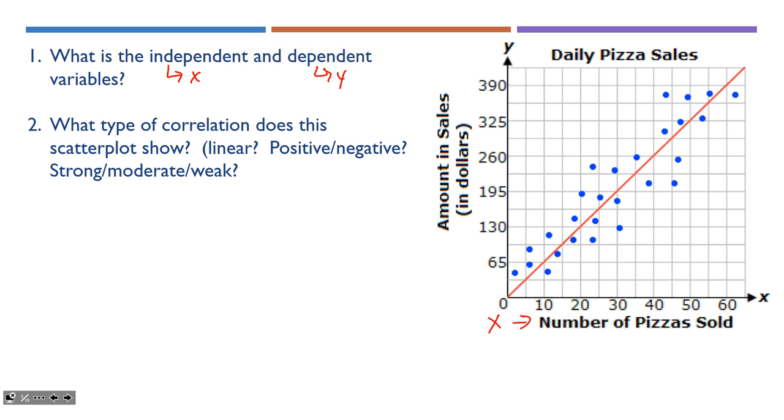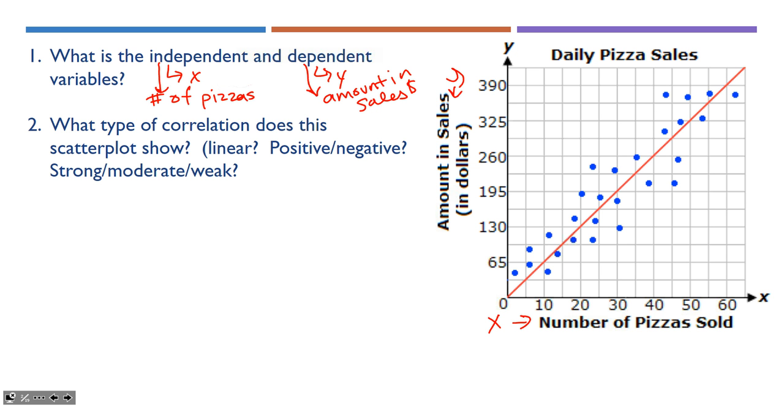So the independent variable is the number of pizzas. And on my y-axis up here, it lists the amount in sales. So in other words, the amount of money that the pizza shop makes. So the dependent variable is the amount in sales.